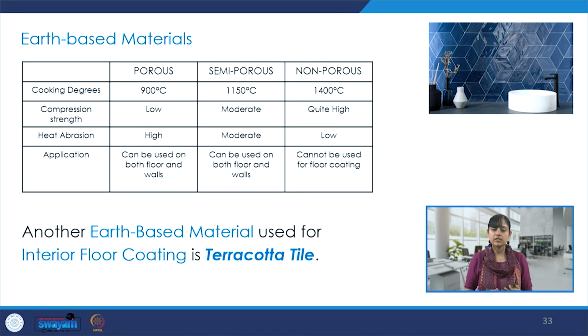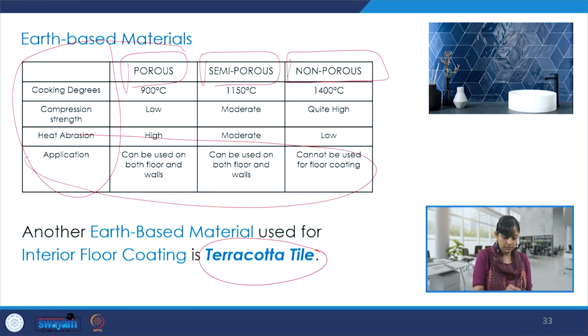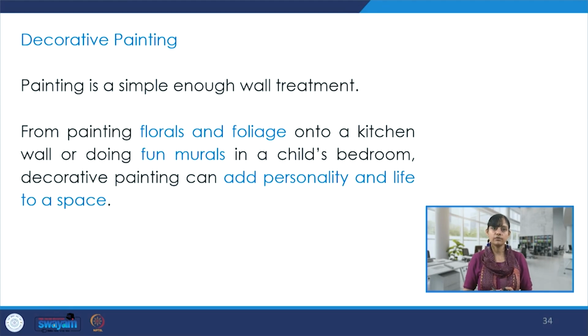Some earth-based materials, we saw ceramic, we saw porcelain, we tried to understand what is terracotta. And when we talk about the earth-based materials, their distinction in terms of being porous, semi-porous or non-porous, and then accordingly how the application is impacted, or where it can be applied based on these properties. So that was the kind of brief discussion we had.